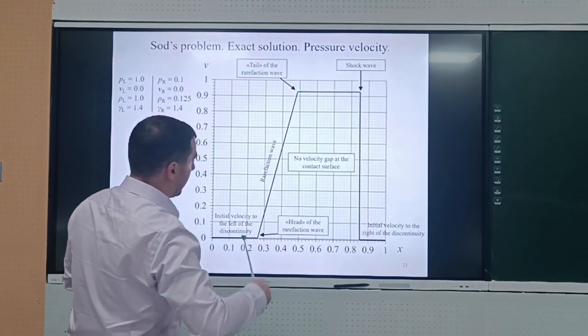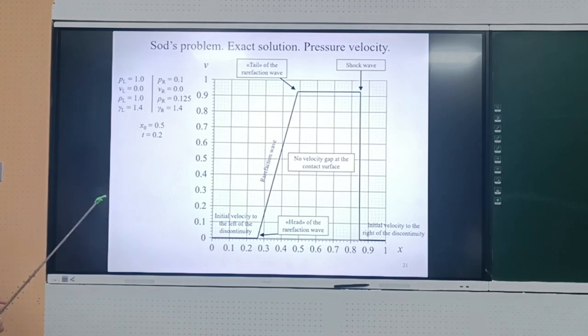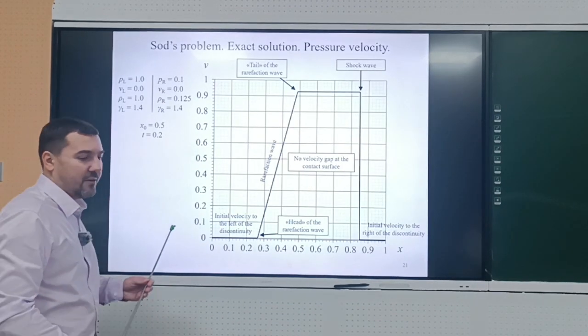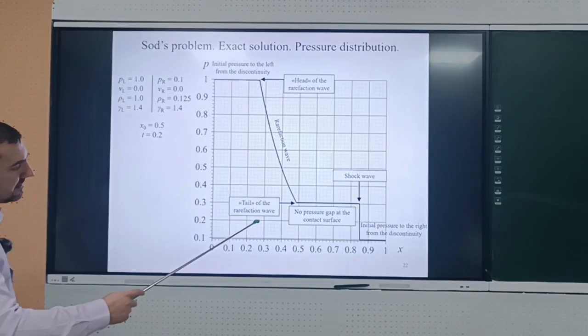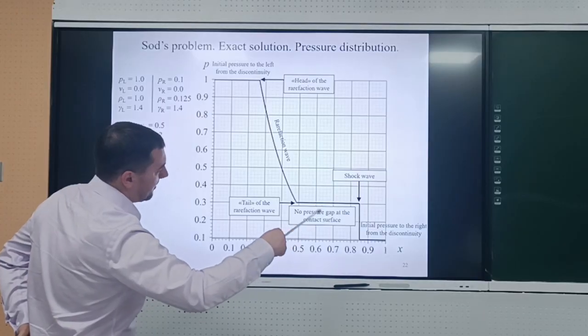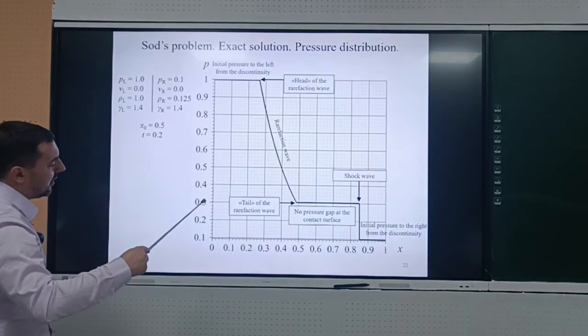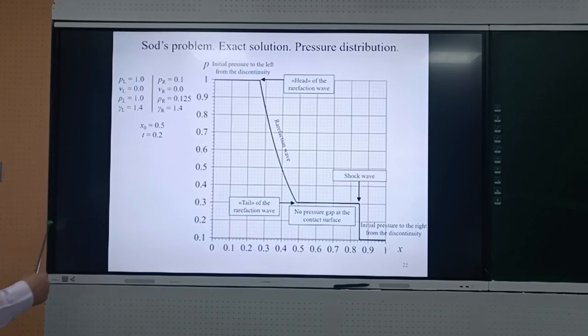Shock wave or reflection wave. So you can see that profiles for pressure, for density, for velocity, they're all different, and the last one is for pressure. And again, we don't see any gap at the contact surface, which is somewhere here, and the contact pressure is about 0.3. It was also obtained using a PV diagram, and that's it.